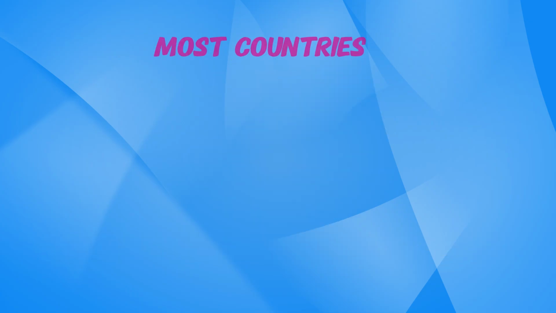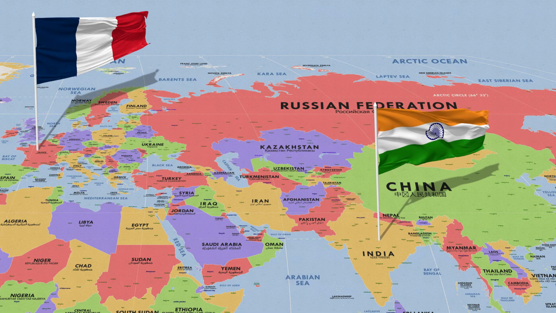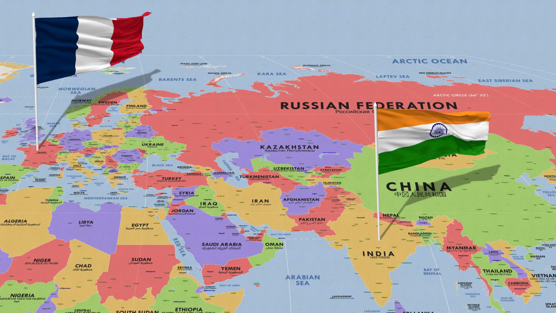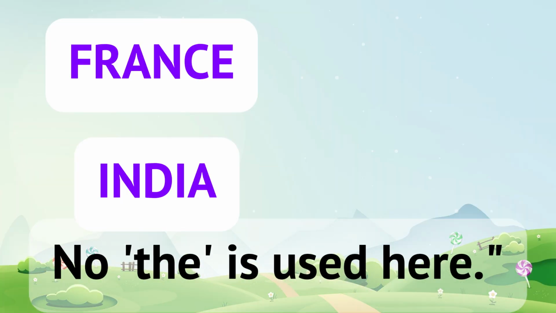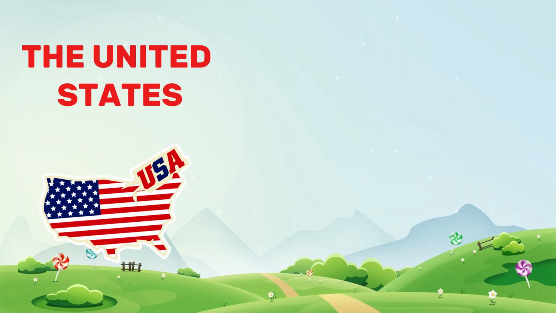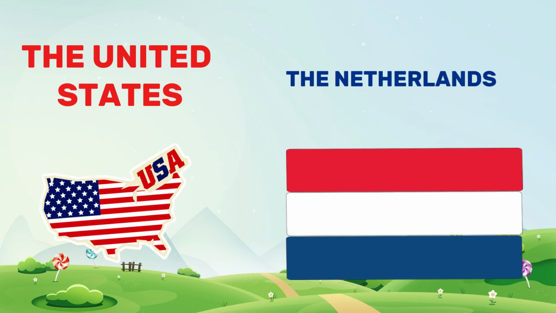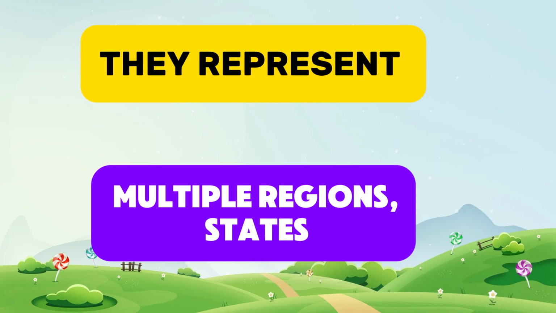Most countries don't need the, but there are exceptions when the name represents multiple regions. Example, France, India. No the is used here, but the United States, the Netherlands, because they represent regions or states.